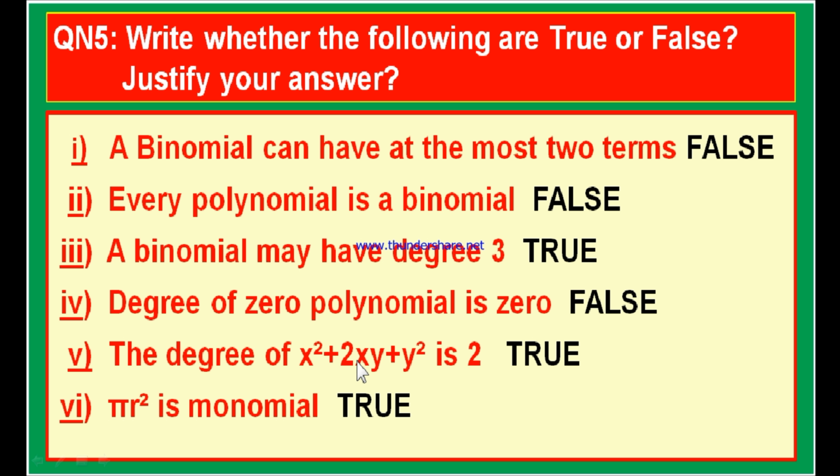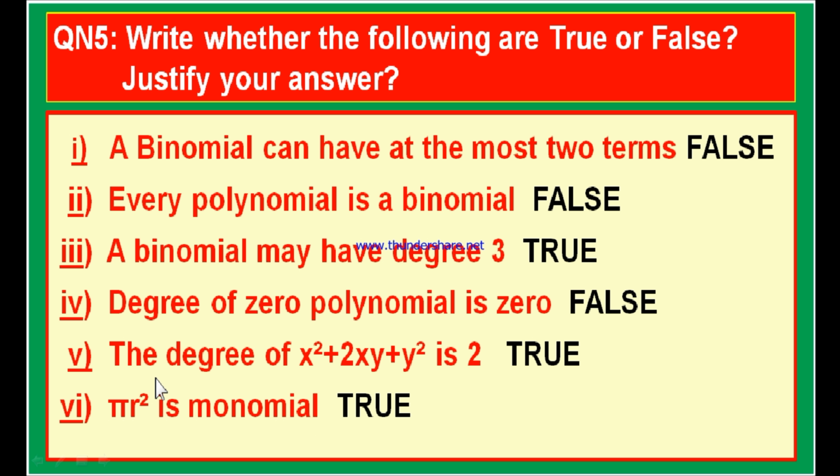The degree of x square plus 2xy plus y square is 2. It is true. The reason is the highest exponent of the given polynomial is 2. Therefore, the degree is 2. Understood? Similarly, sixth bit. Pi r square is a monomial. This is true. The reason is this polynomial contains a single term which is called a monomial.